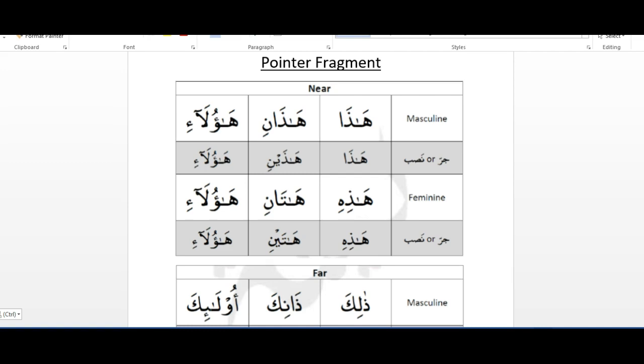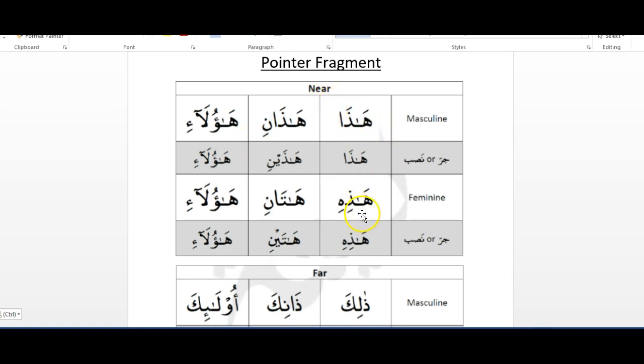Now, as this is a review, I'm hoping that you guys have memorized the meanings of these words, as well as obviously memorizing the words themselves. So, hada means this, hadani means these two, haulai, these. One observation we can make from these two tables is that when you're pointing at something near, close to us, all of these words begin with the letter ha.